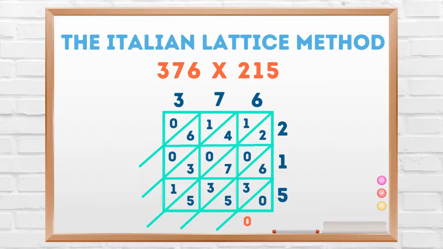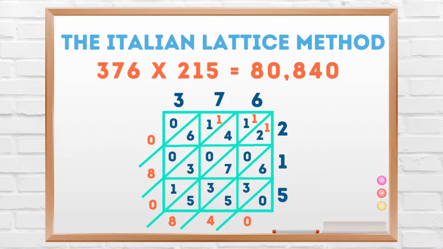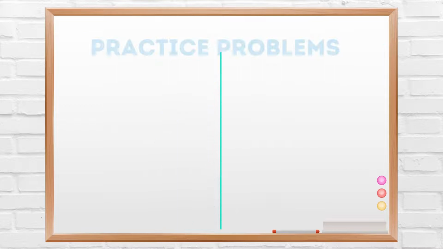Next we add 5, 3, and 6 to get 14. 4 is written outside of the box and the 1 is carried to the next diagonal line. 5 plus 3 plus 7 plus 2 plus 1 equals 18, so we write 8 outside of the box and carry the 1. 1 plus 3 plus 4 plus 1 plus 1 equals 10, so the 0 goes outside of the box and we carry the 1 again. 6 plus 1 equals 8, and the final diagonal line is 0 by itself, so we simply write it outside of the box. And our answer is 80,840.